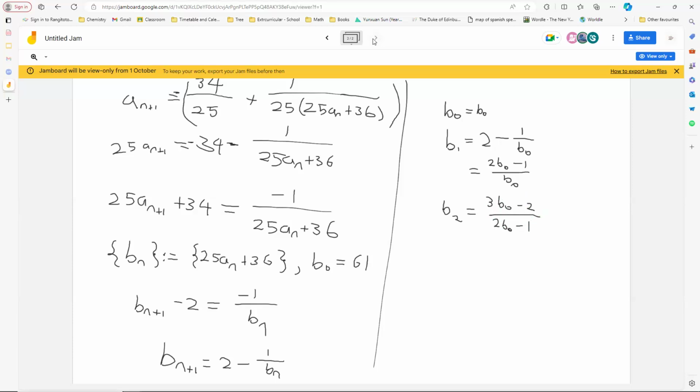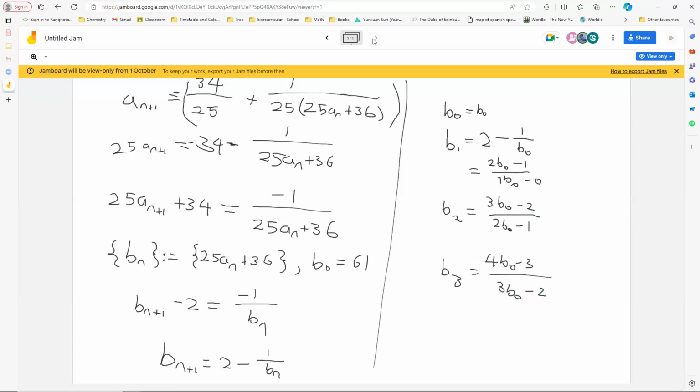Here you can think of 1 b0 minus 0, I guess. So there's maybe a bit of a pattern you can see already. If you check b3, you get 4 b0 minus 3 over 3 b0 minus 2.